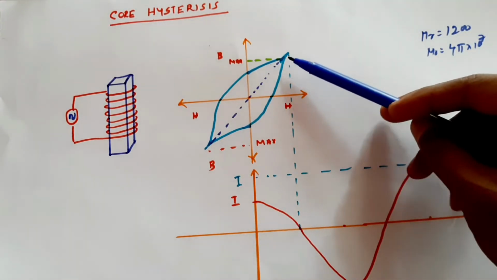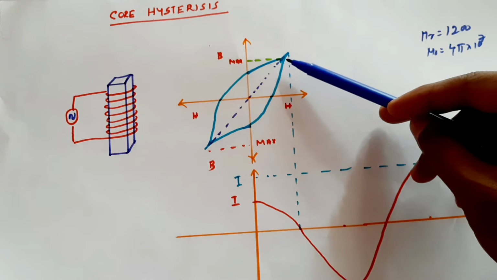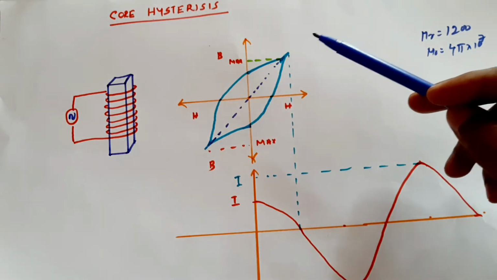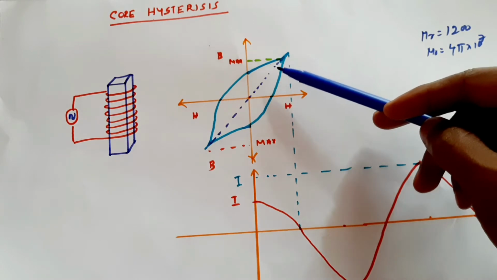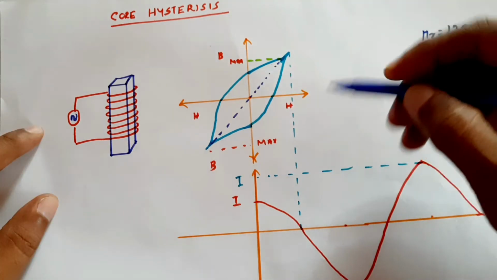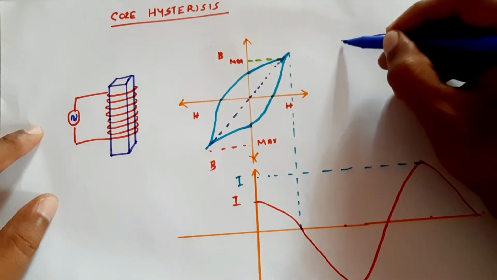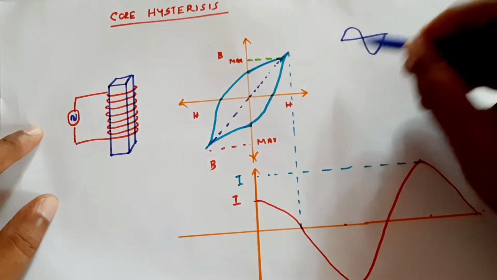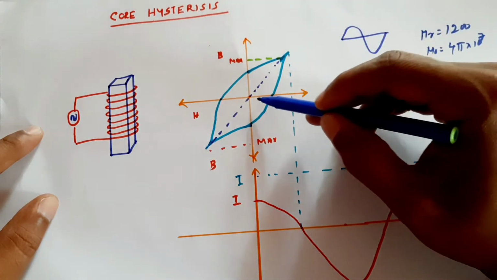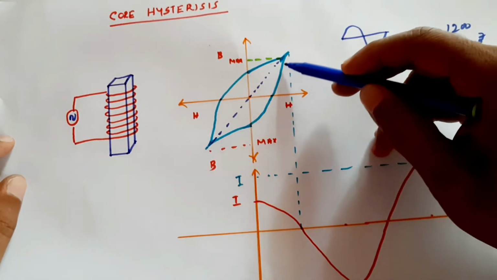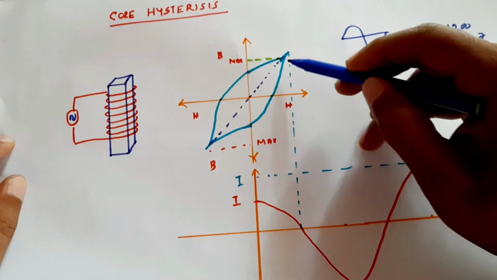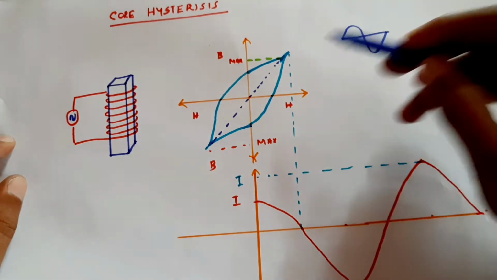Now, when it reaches its maximum flux, the iron has become saturated. This is an AC signal, and during this half the current flows in one direction, and due to this the flux increases in one direction and reaches a maximum value.